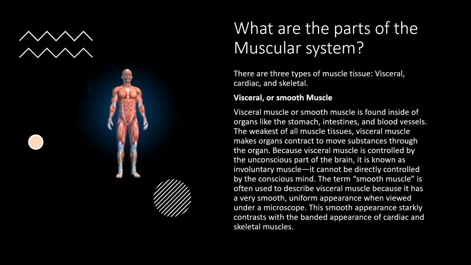The term smooth muscle is often used to describe visceral muscle because it has a very smooth, uniform appearance when viewed under a microscope. This smooth appearance starkly contrasts with the banded appearance of cardiac and skeletal muscle.